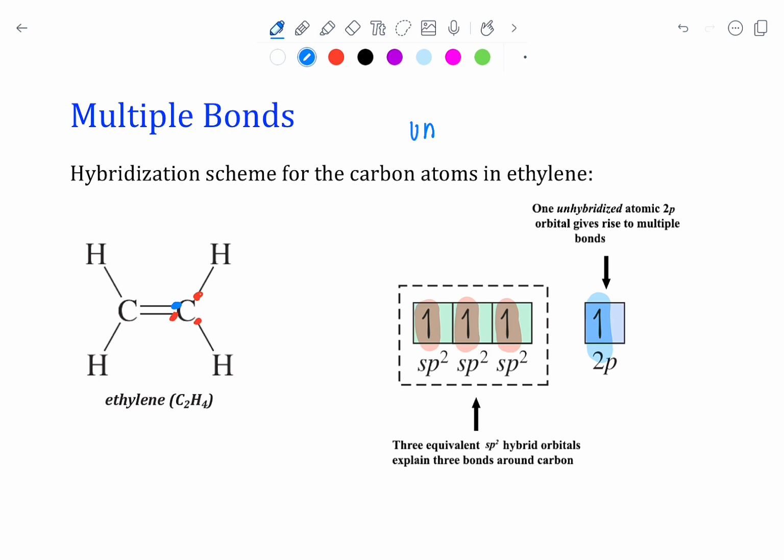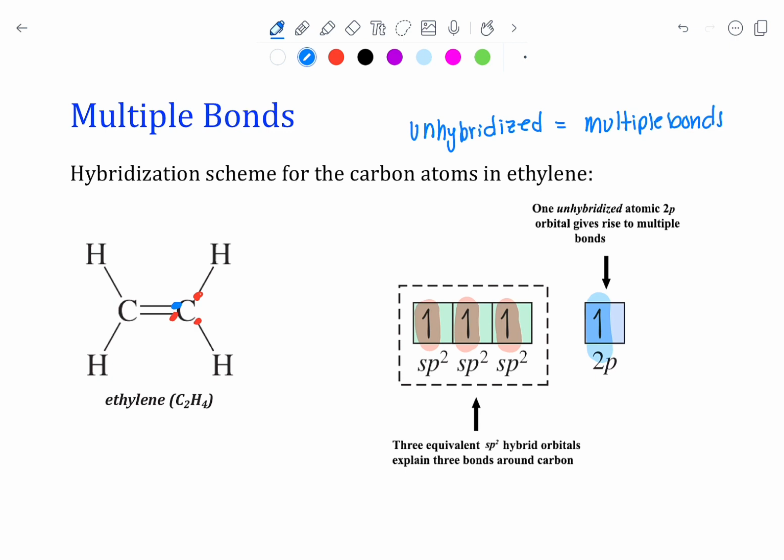So if it's unhybridized, that equals multiple bonds. We would only see unhybridized orbitals when our Lewis structure has a double bond in it.